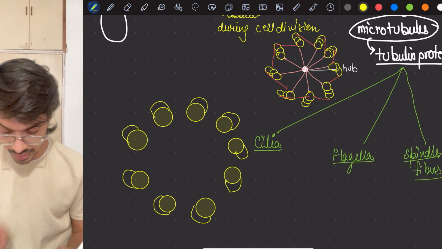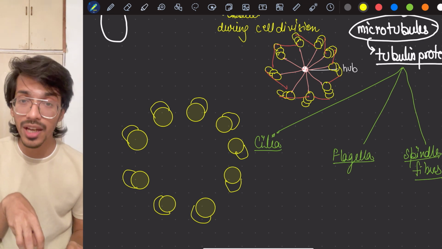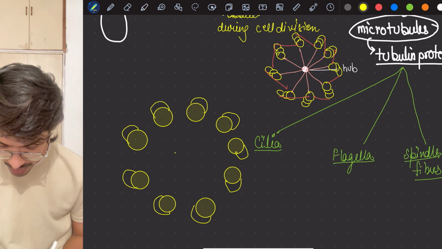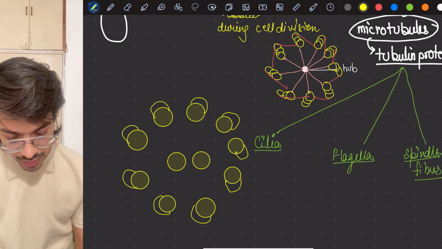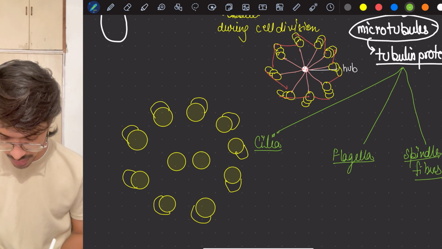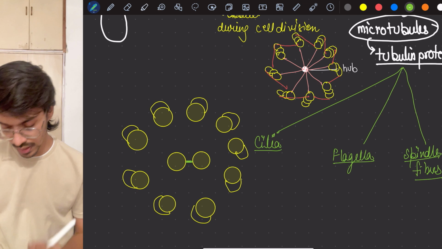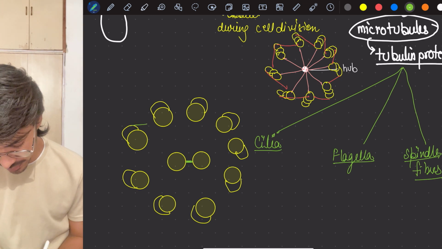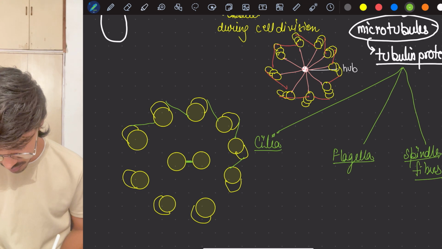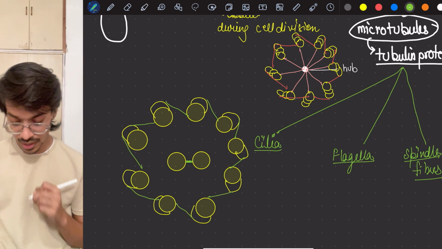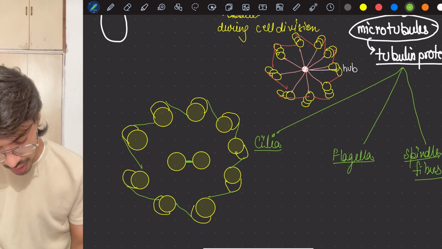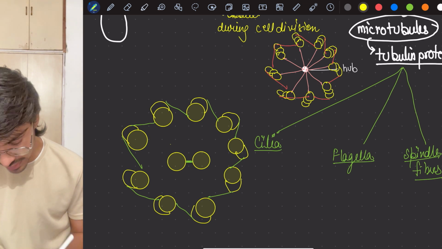The next question would be, this is not the only thing, in the center also they are present. But in the center they are in the single form, not doublet. Now they are joined together by a bridge. These are joined with each other by what is called linker protein. Over here a sheath is present.